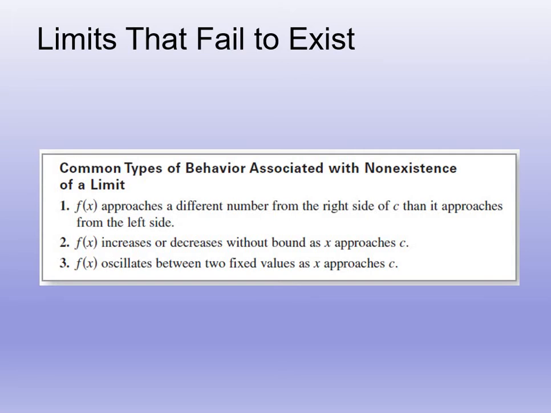Now the second one: f of x increases or decreases without bound as x approaches c. When we're talking about increasing or decreasing without bound, that means it's going to infinity. Say there was some sort of asymptote there and the graph just kept going all the way to positive or negative infinity.